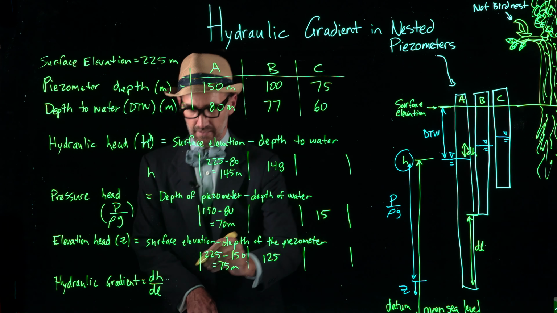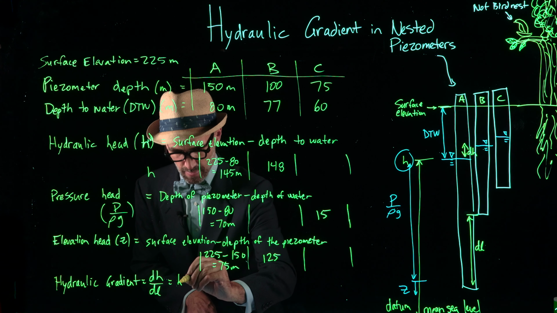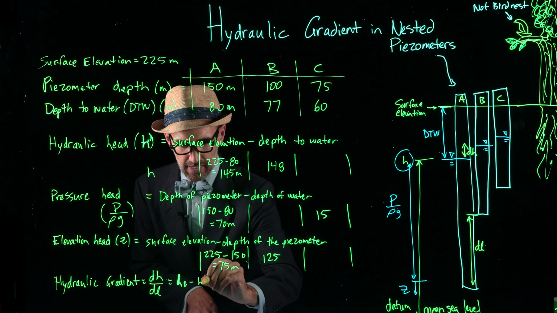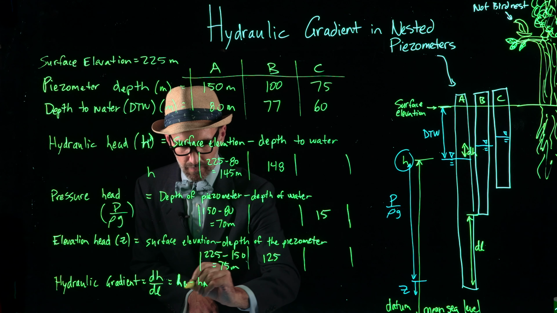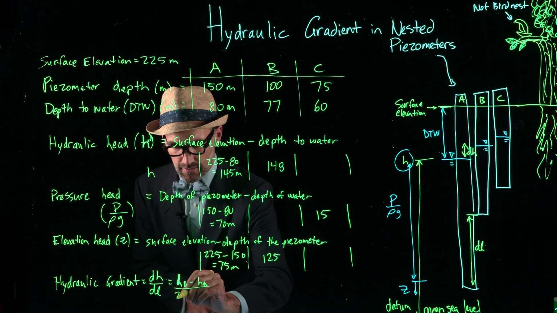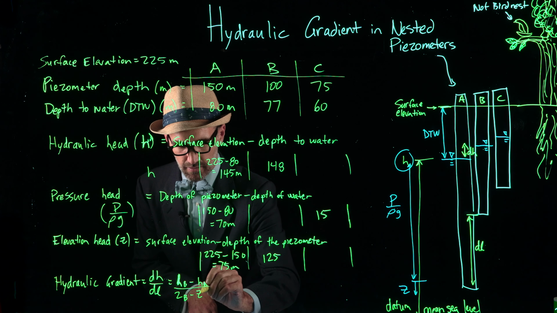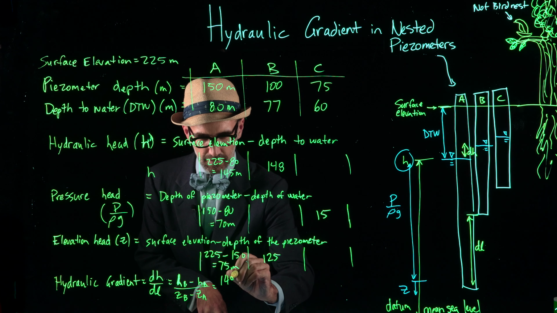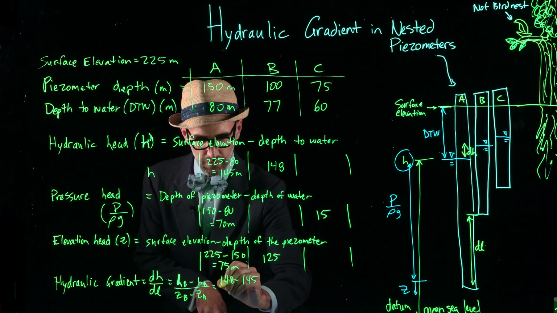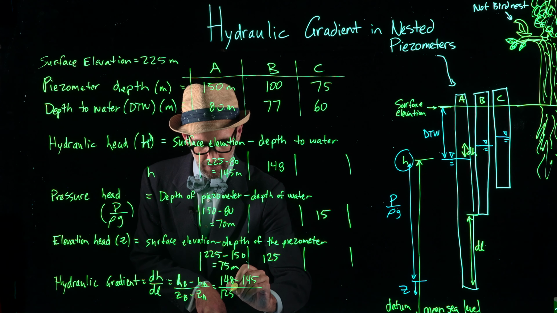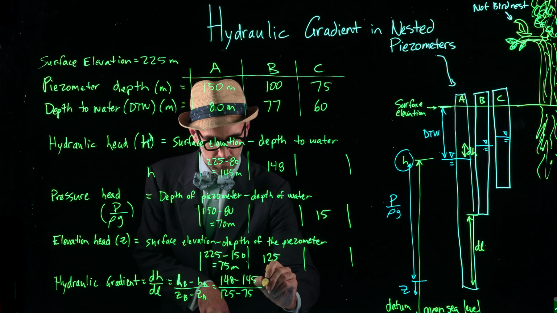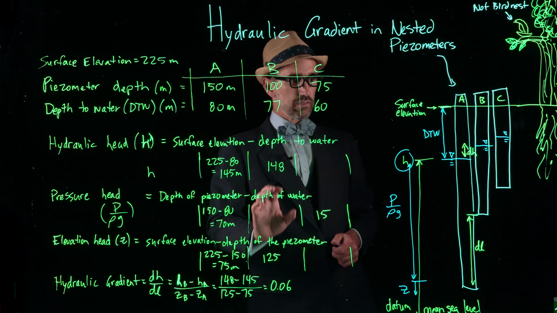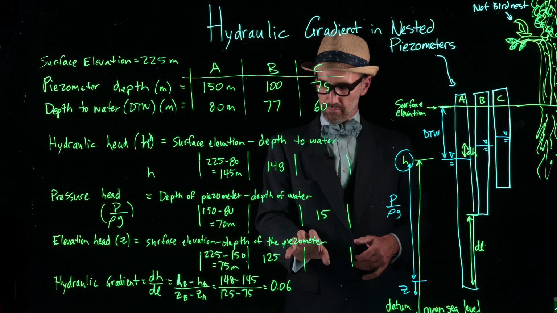So to calculate then, that would be h of B minus h of A, all divided by z of B minus z of A, which is equal to 148 minus 145 over 125 minus 75. That results in a gradient of 0.06.